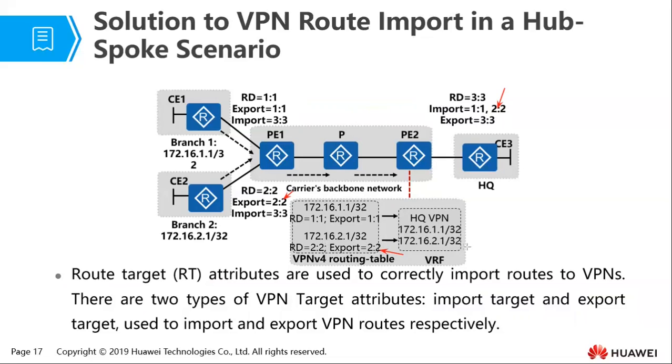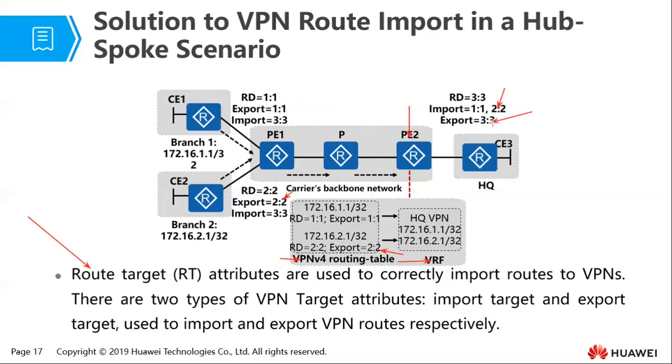So 2:2 can also now be imported from the VPN v4 routing table to the VRF. So that is how this PE device is able to import routes from the VPN v4 routing table, or the global routing table, to the VRF table. So it uses the route target.